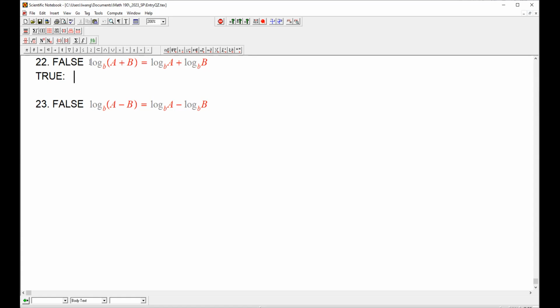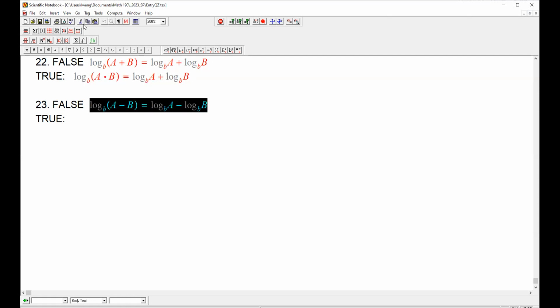What is true is that if you just change the addition to multiplication, that will be true. And what will make the subtraction one true? The true one will be if you change it to A divided by B.